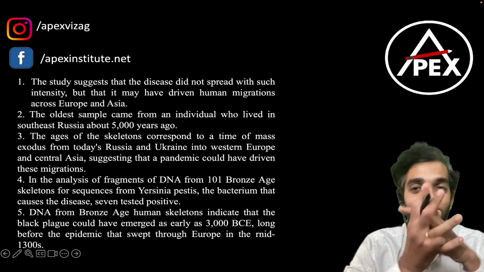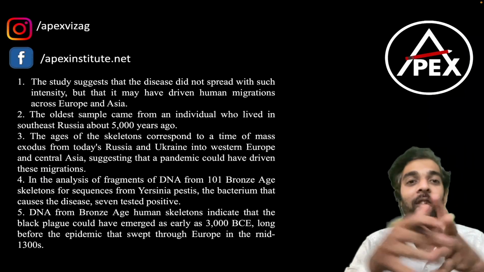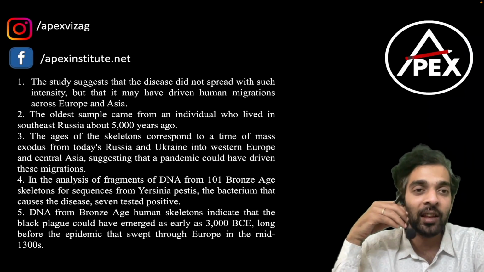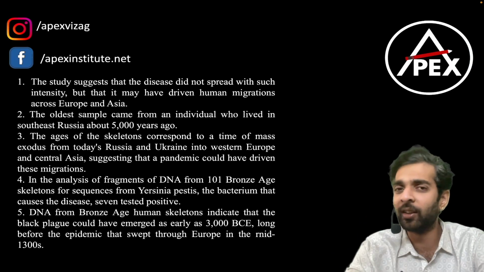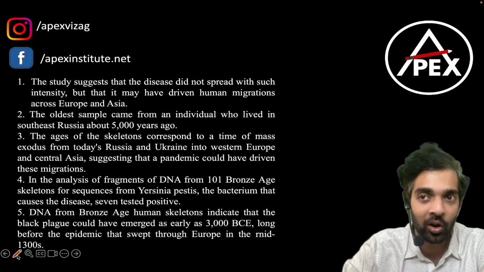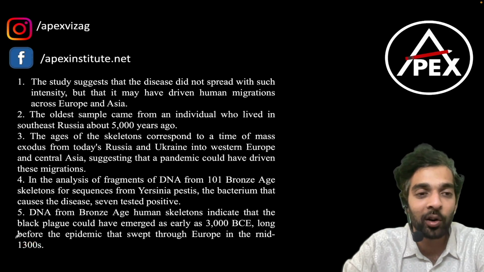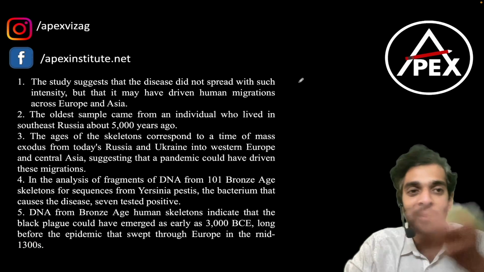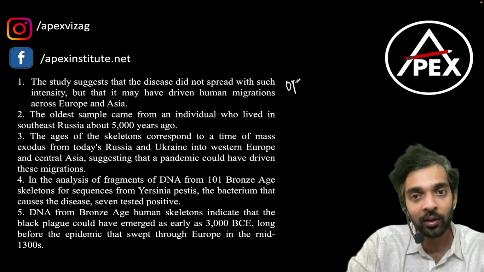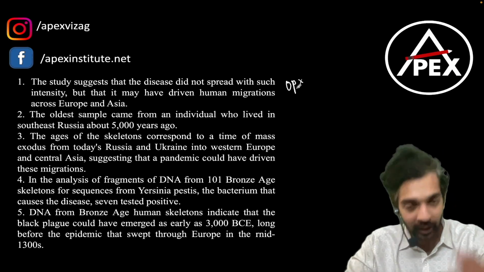So this is the third question of CAT 2017 ParaJumbles. What does it say? "The study suggests." I'm going to stop reading there, because when it says the study suggests, which study are you talking about? So definitely the first one is not my opening sentence, but I'll read through.